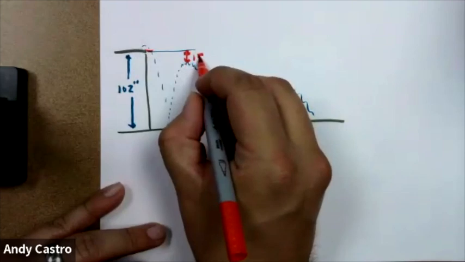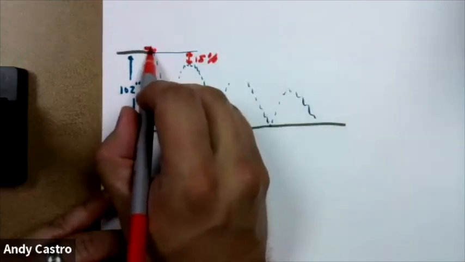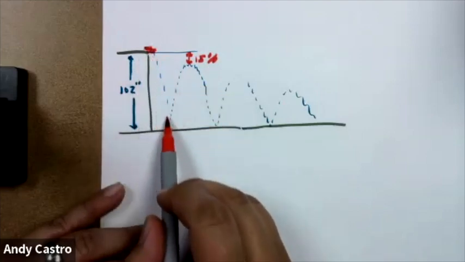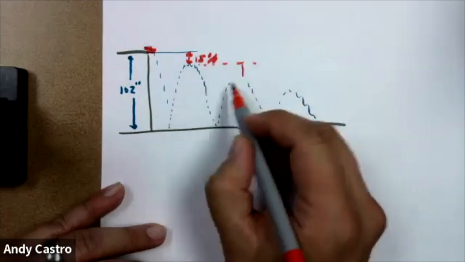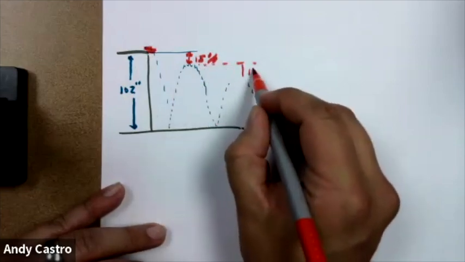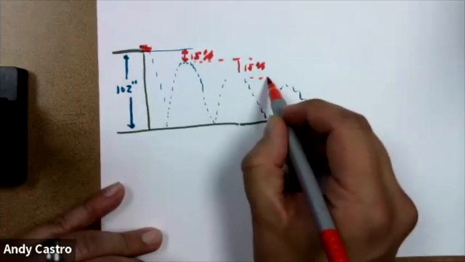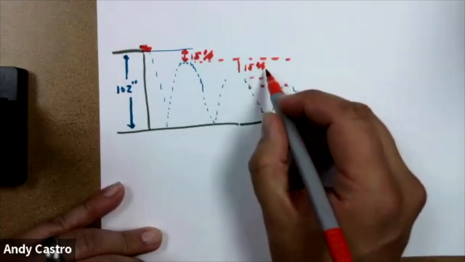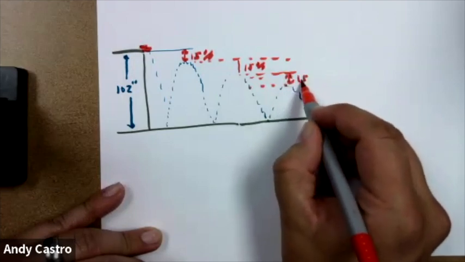15% of the height from which it was dropped. So here it's not thrown, it just rolls off. It starts exactly at 102, bounces, it's 15% less, which means then it bounces and comes up another 15% less. Then it comes down and bounces another 15% less.